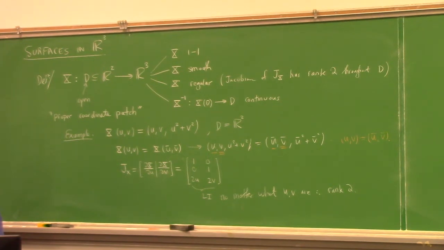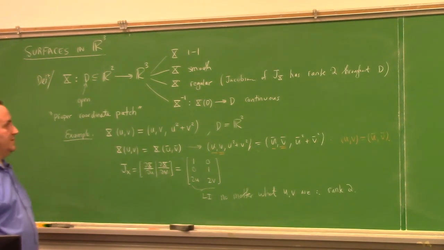Now, did you say something about cross product a minute ago? That would be a good test, right? If the partial velocities of the patch were linearly dependent, that would mean that they're collinear, which would mean that their cross product was what? Zero, right? Because if they're collinear, the cross product of vectors in the same direction is 0.